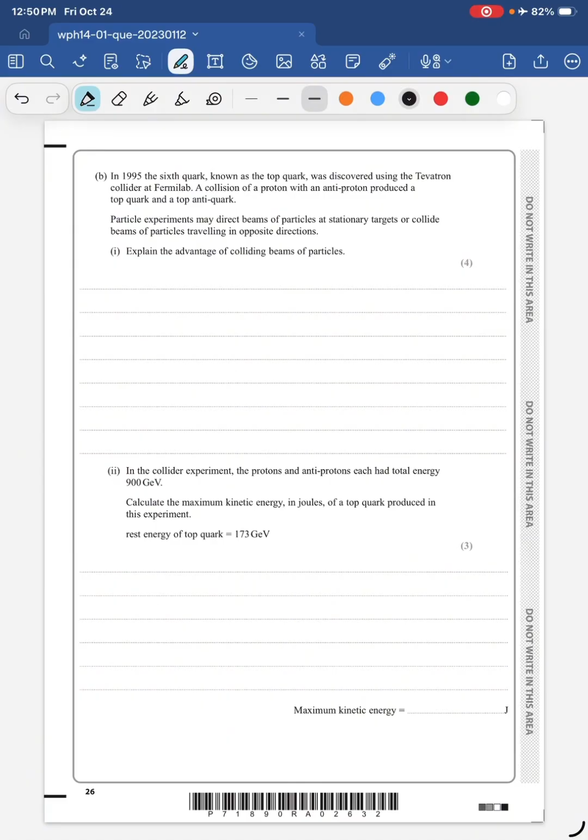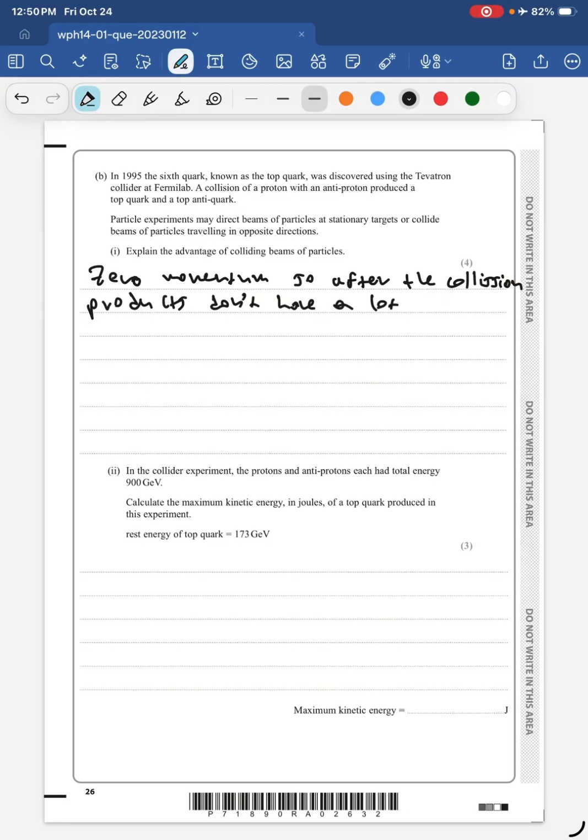So, one advantage is that you have zero momentum. So after the collision, the products don't have a lot of kinetic energy, and no resultant momentum.